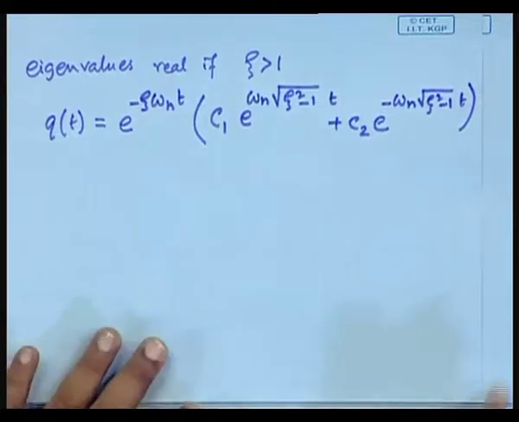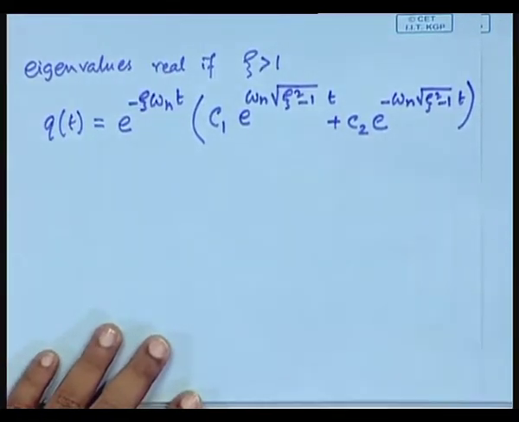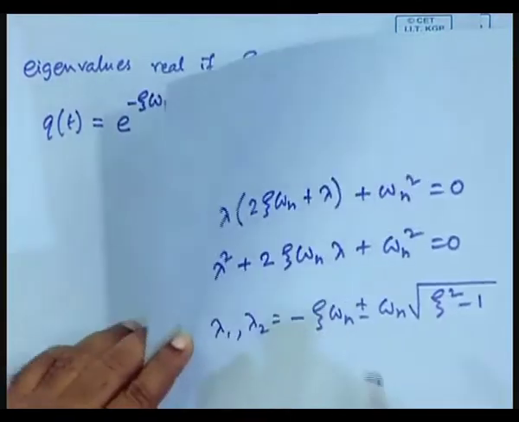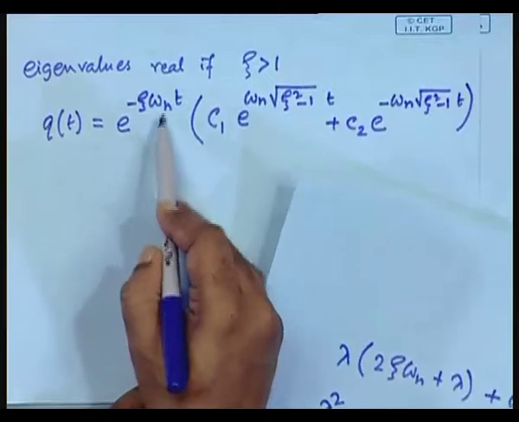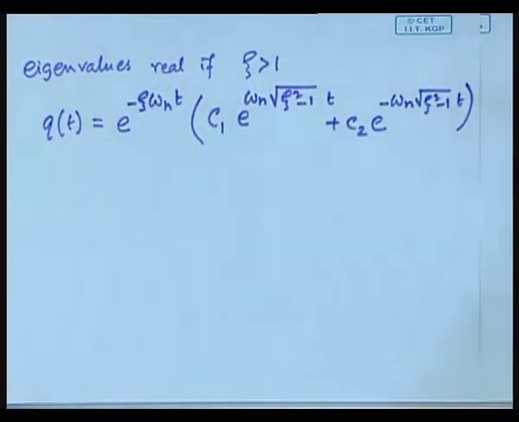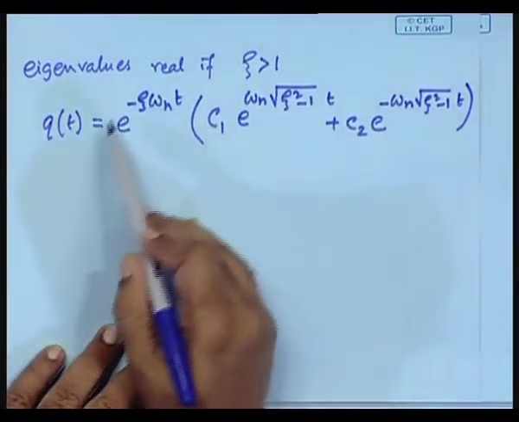Fine. So, there are one plus another minus. This part is here times this part which is here, clear. So, that will be the ultimate solution.